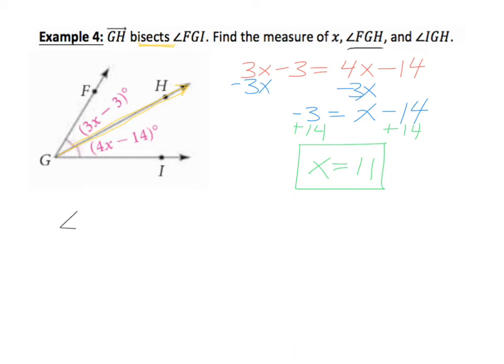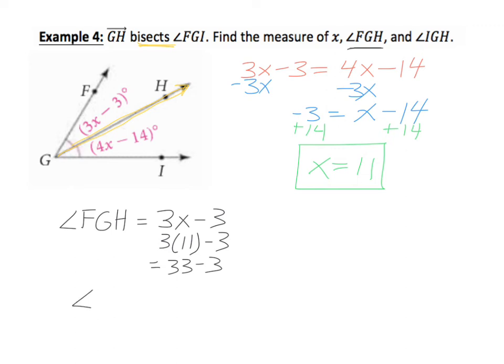Let's start with angle FGH. You can see in the diagram that angle FGH has the expression 3x minus 3. Since we just found x, to find its measure, just sub in 11. So 3 times 11 minus 3 equals 33 minus 3, which is 30. So angle FGH is equal to 30 degrees.